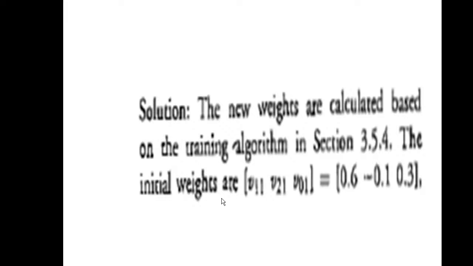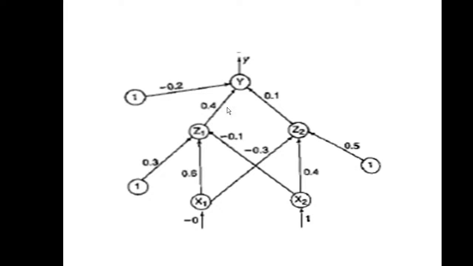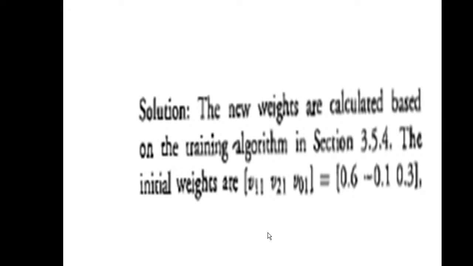I told you the notation which you are supposed to follow: V11, V21 and V01 are given. V11 is 0.6, V21 is minus 0.1, and V01 is 0.3. If we see in the diagram, the weights between the input and the hidden layer you must treat as V. So 0.6 is V11.